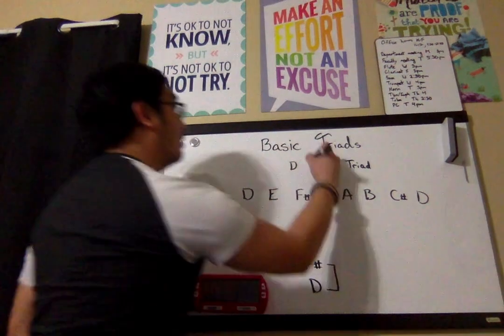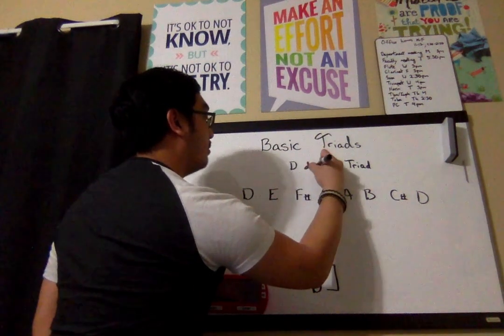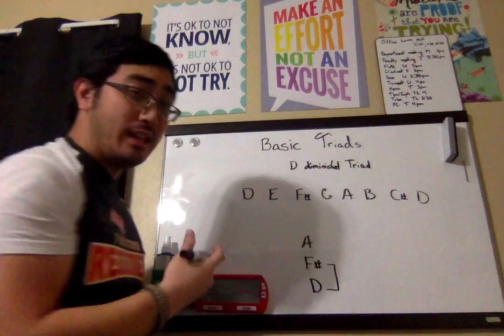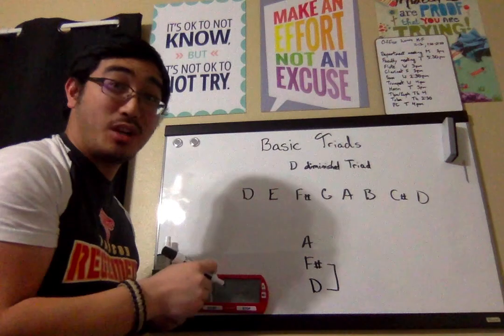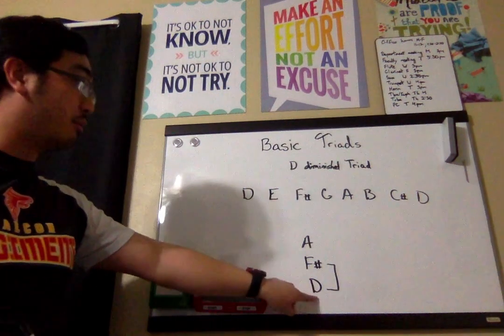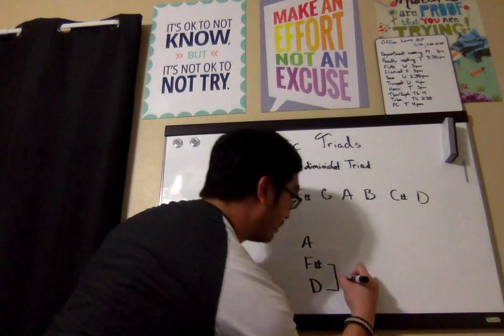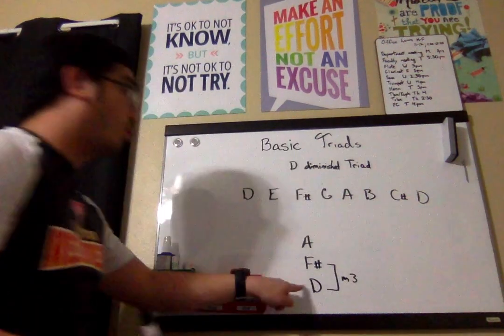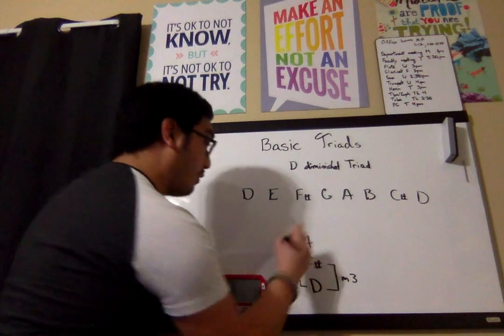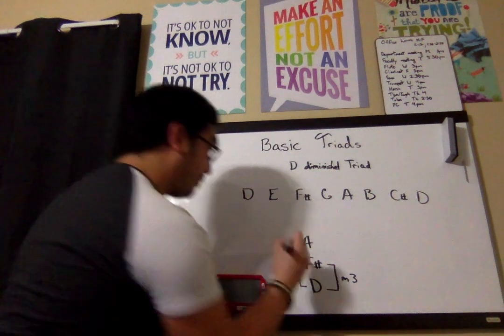But for a diminished triad, I think we're doing diminished. I don't remember. We're going to go with it. For a diminished triad, we want a minor third from root to third. We also want a diminished fifth from root to fifth.